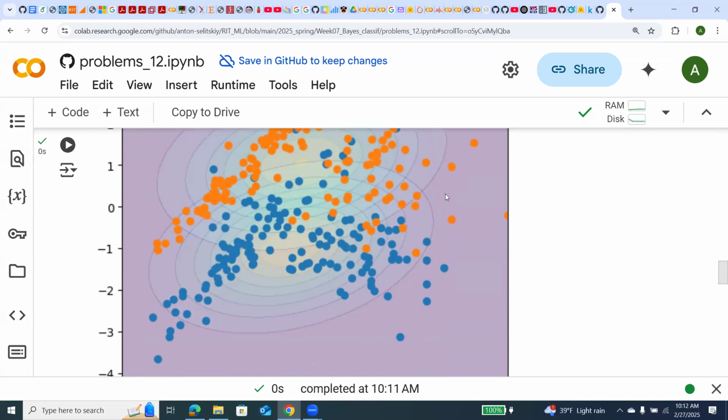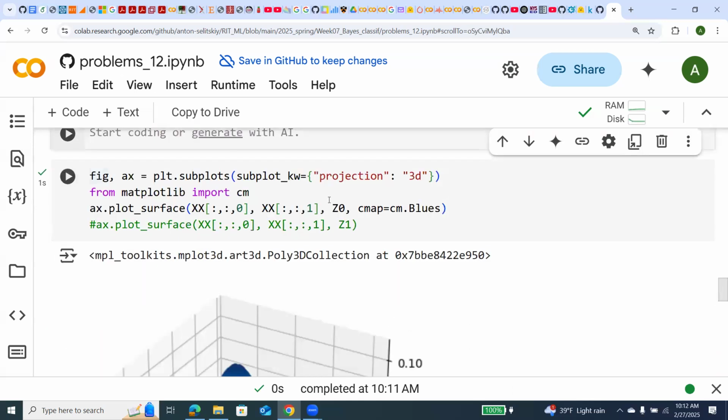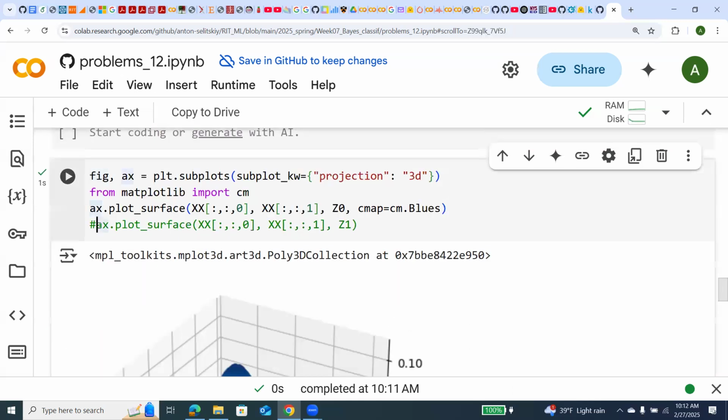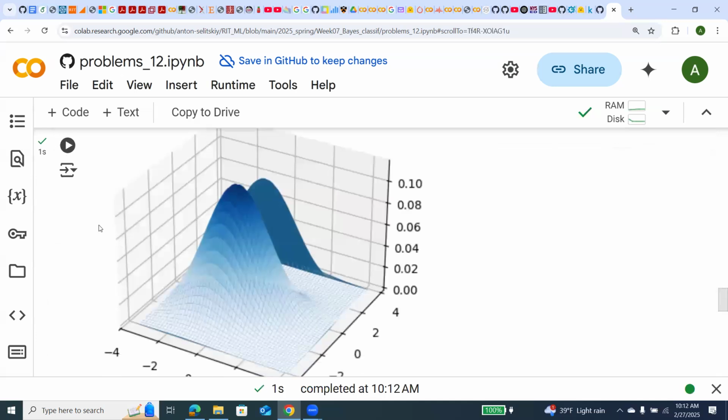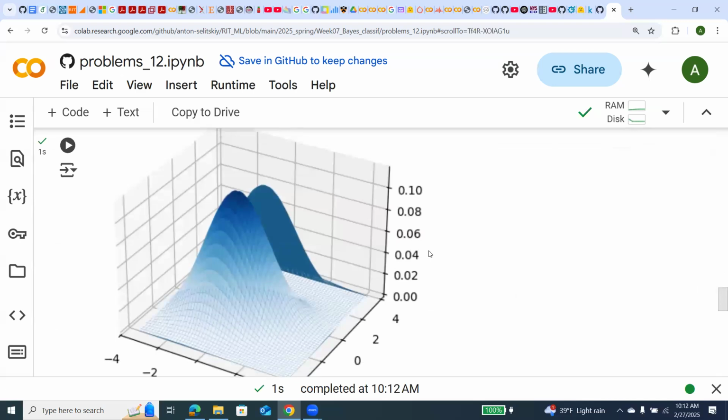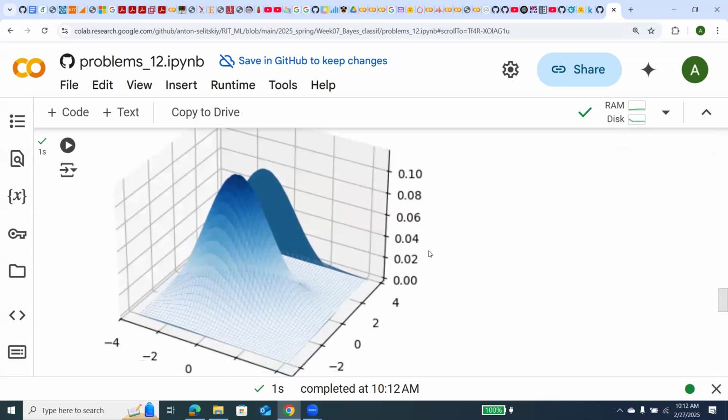Okay. And then we can uncomment this line, and it will plot two distributions for two classes.